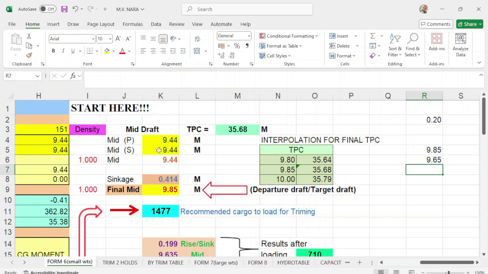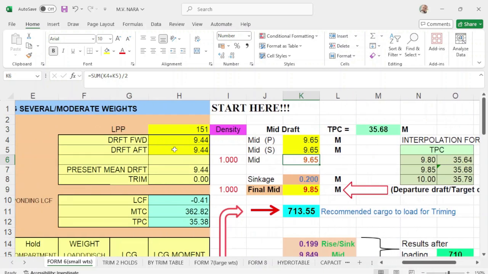So this will be your initial or present drop, 9.65. Take note that your sinkage now is 20, the same with this one, so you put here also 9.65.